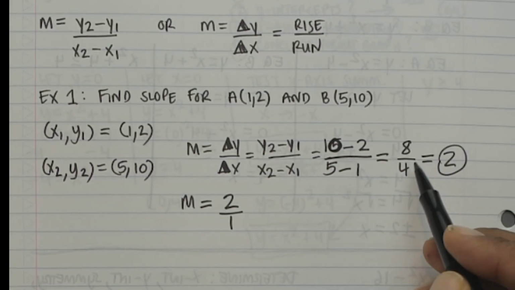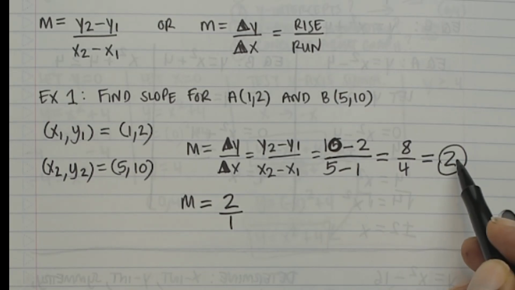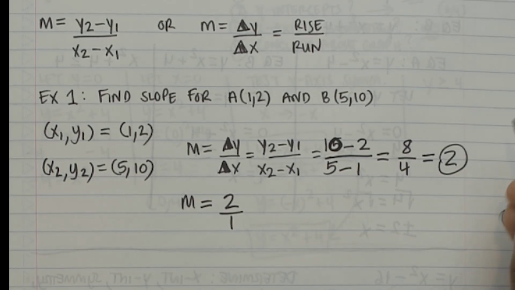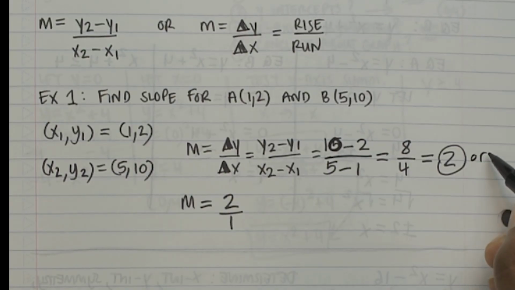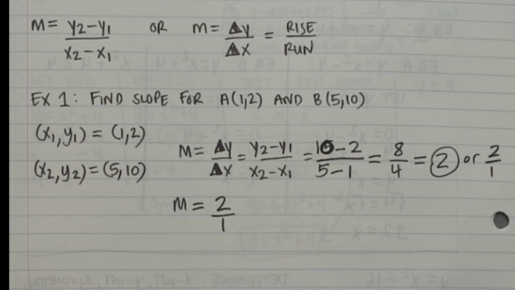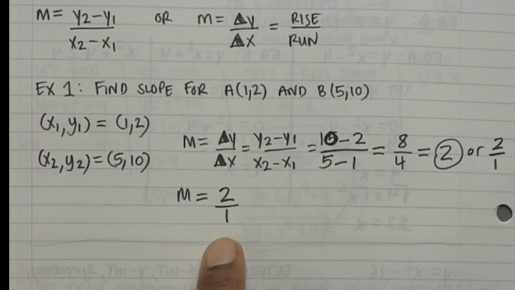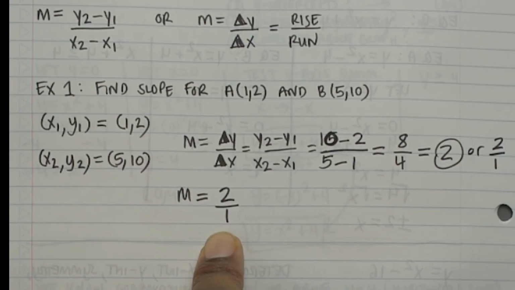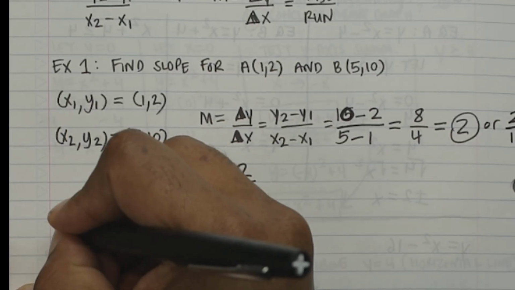So another way to think about this is you can write the 2 as 2 or 2 over 1. Both answers are true. And so when you're giving the slope, it's best to understand this right away. Let's look at another example.